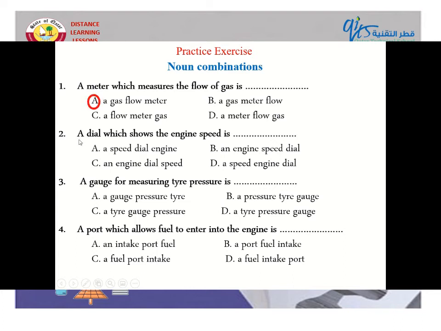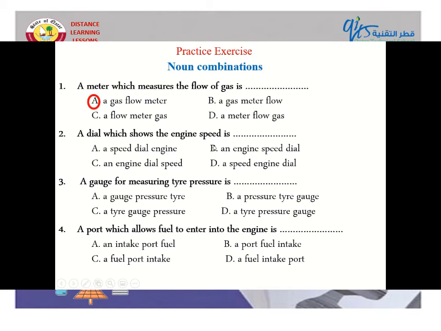Number two, a dial which shows the engine speed is. Now, we have a dial here, which means our combination must have a dial at the end. So here, automatically, we can eliminate this option and this option because they do not have dial at the end of the noun plus noun combination.